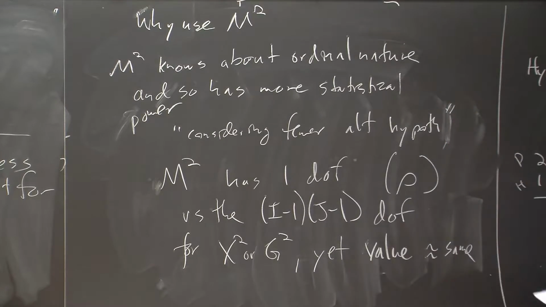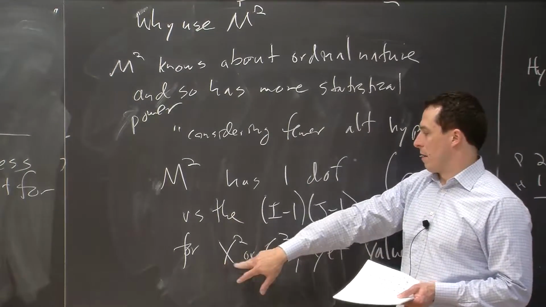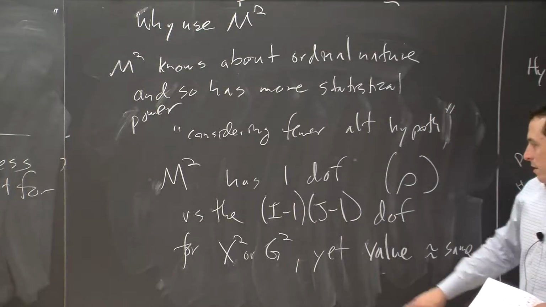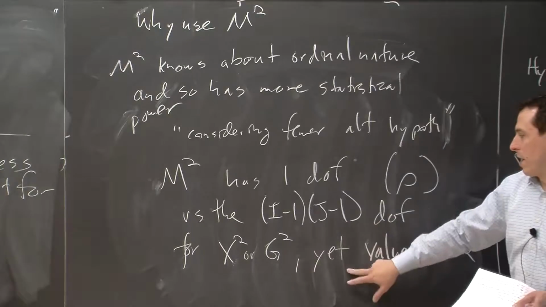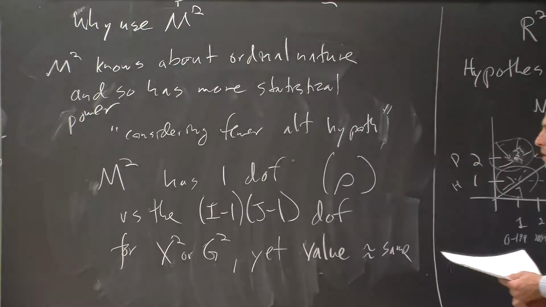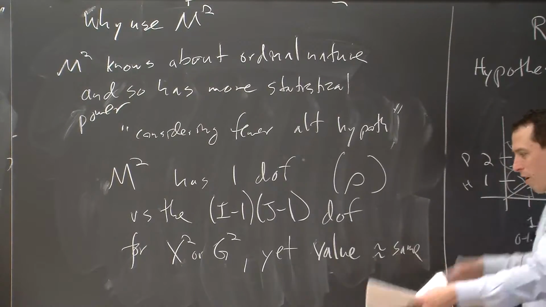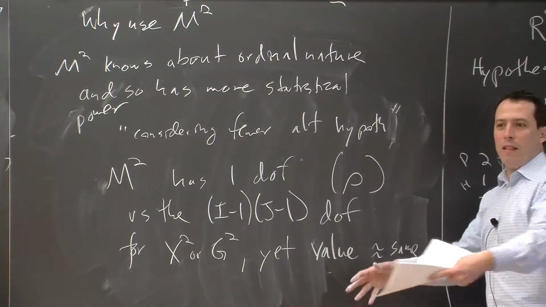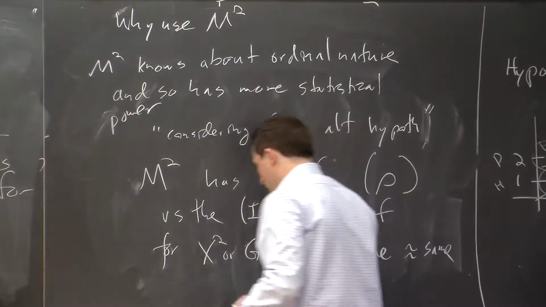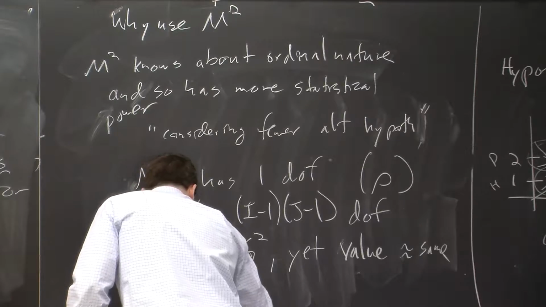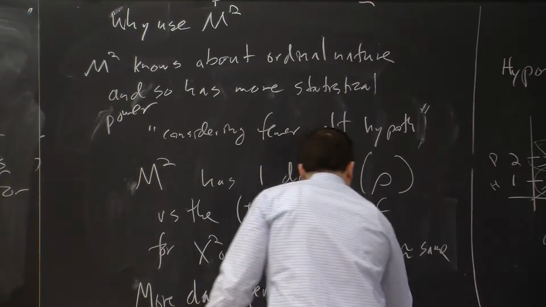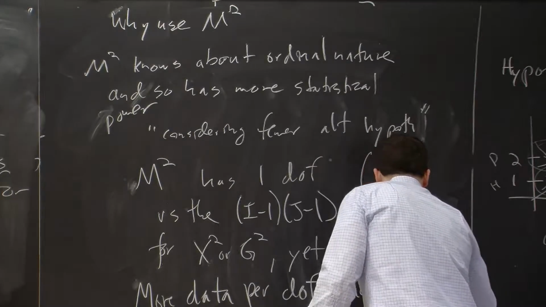So the number that I get for m squared will be close to the number that I get for the Pearson chi-squared or for the G-squared test. But because the degrees of freedom here is only 1 versus a much higher degrees of freedom here, that same value will be far more significant as a one parameter test. Right, so we're taking all of the ways to fail, compressing it into one, and that's why we get more power. We get more data per degree of freedom, and that means more statistical power.